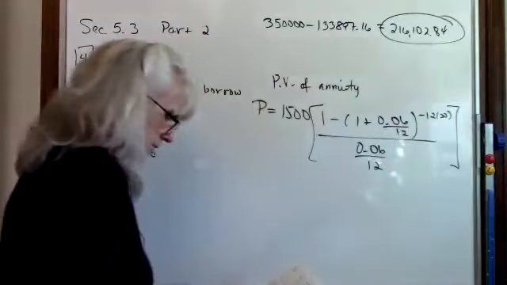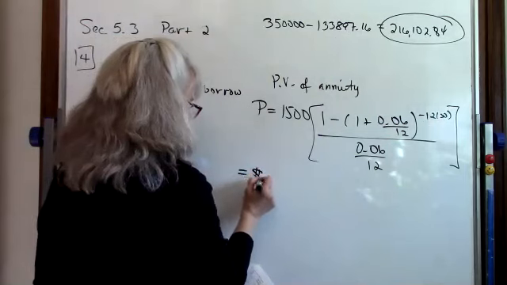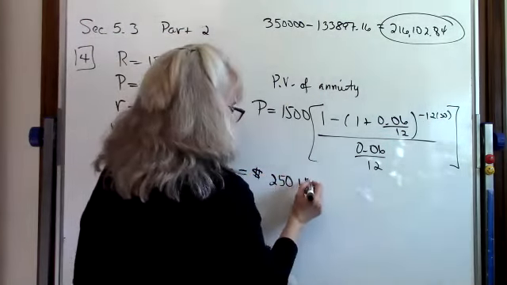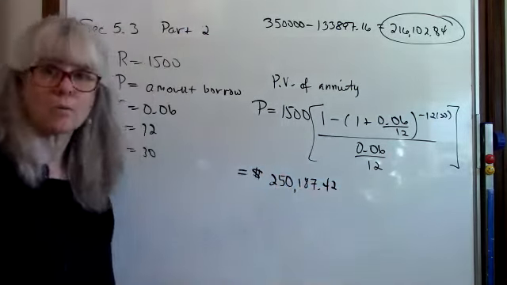And if you do that, you end up with $250,187.42. So they can afford a $250,000 house is what this is.